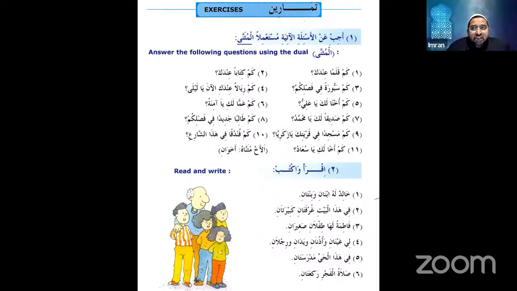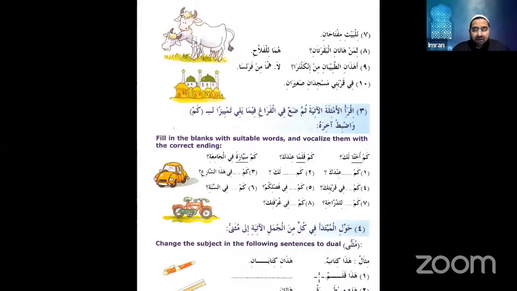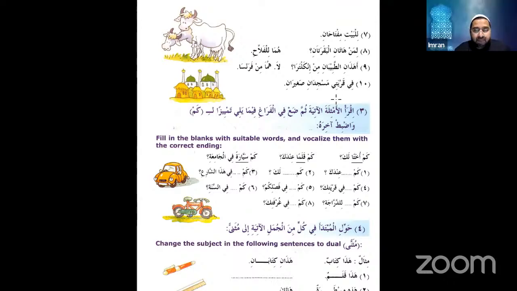I forgot, district or area. Okay, in this area there are 2 madrasas. Salatul Fajri rak'atani. There are 2 rak'ahs in Salatul Fajr. Excellent. Sister Parveen Naqvi, 7, 8, 9, and 10.